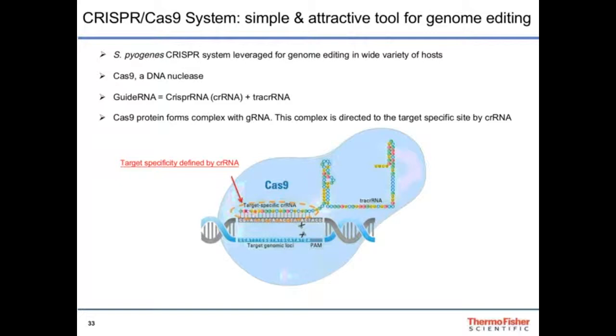This part of the guide RNA is responsible for locating this complex to the DNA. This upstream piece, termed the tracrRNA, in nature is a separate piece of RNA that helps the complex form. In practice, the field has fused these into one piece of RNA, and now that's termed the guide RNA. But the business end of it is down here. This is what we code specifically to direct this complex to a location in the genome. What that does is bring these nuclease domains in contact with the DNA and allow them to cleave.